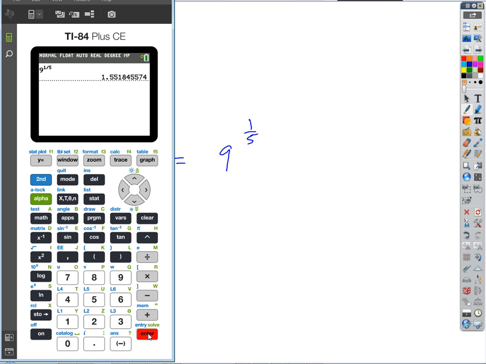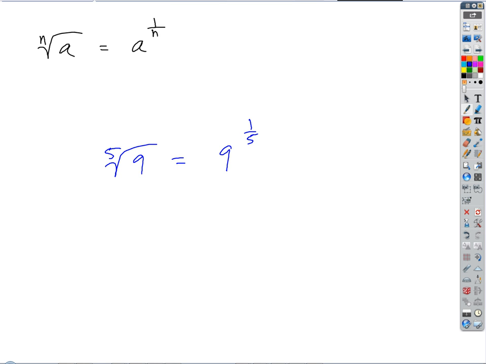As a decimal, 1/5 is how many tenths? 1/5 is 2 tenths, if I multiply top and bottom by 2. So I could even say 9 to the 0.2, same answer. But that's pretty quick and easy, right, if I want to take a fifth root. I don't have to make it a decimal. You just can if you want, right? So that always works, okay?